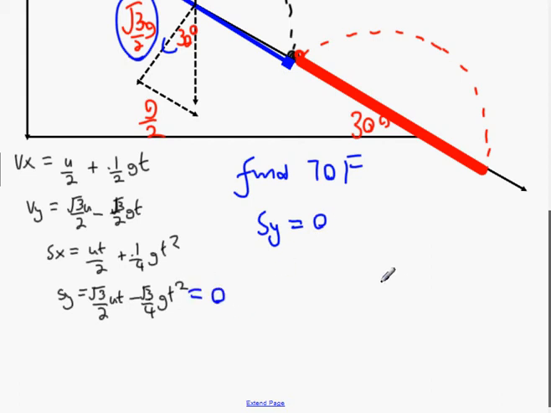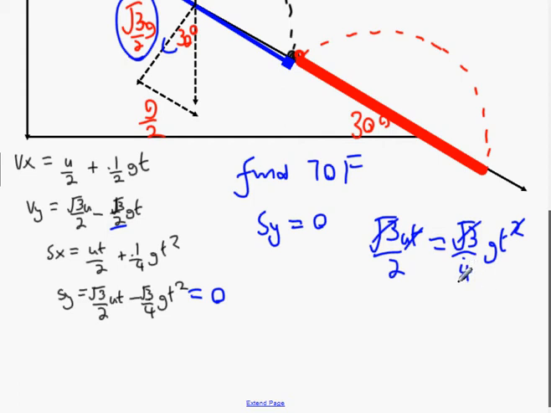Then what we're going to get is root 3 over 2 ut equals root 3 over 2 gt squared. And then the t's will cancel. The root 3's will cancel. Huh? It is root 3 over 4, you're right. I think I was looking at this one here by mistake. So root 3 over 4 is correct.